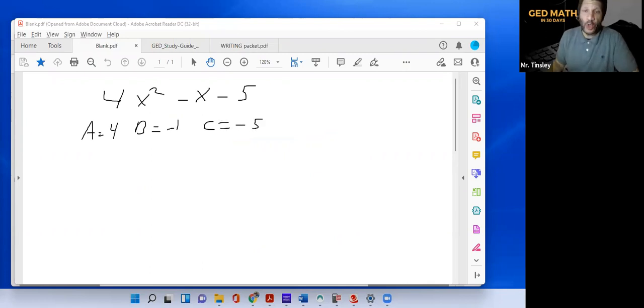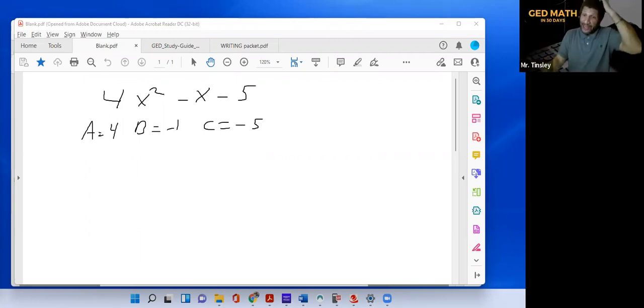So what Chris asks is, when do you use the quadratic formula? For the GED, this is not for math in general. For the GED, the first thing I want you to be able to do, if A is 1, try to factor it. If A is not 1, I want you to use the multiple choice and multiply binomials.